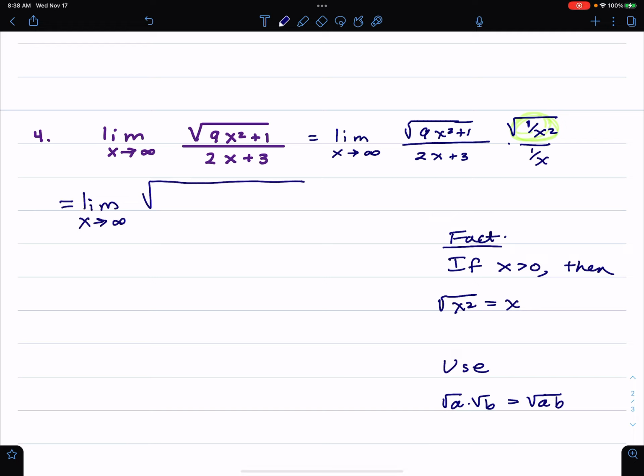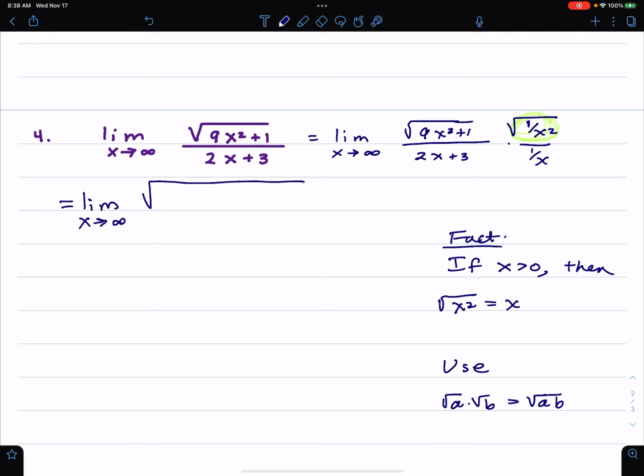So I'm going to get 9x squared plus 1 times 1 over x squared. And then the denominator, I just distribute: 2x times 1 over x, 3 times 1 over x. So that gets 2 plus 3 over x.